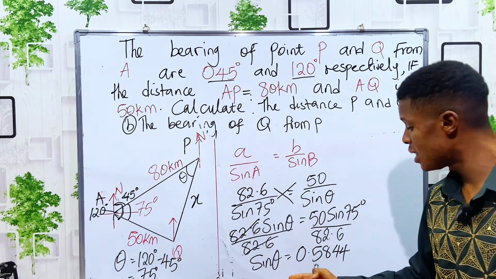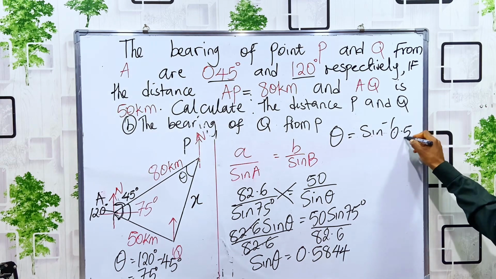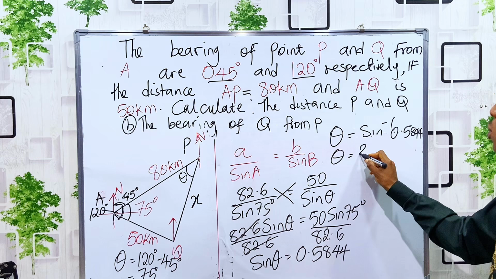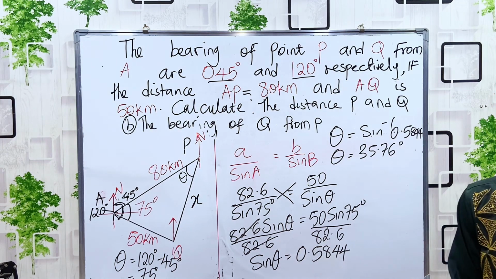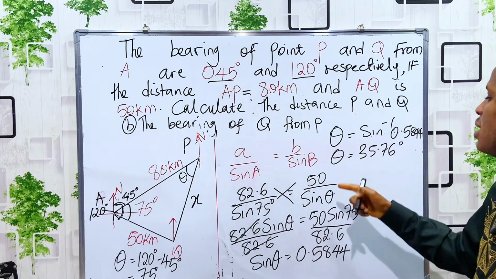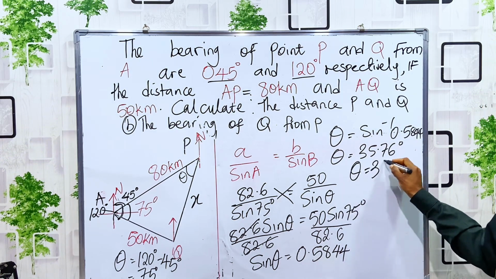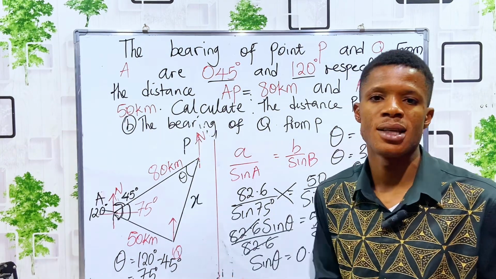For you to get theta, you find the inverse sine of 0.5844, and theta will be equal to 35.76 degrees. Let's round it to the nearest whole number. That means theta is equal to 36 degrees. So this particular angle is 36 degrees.